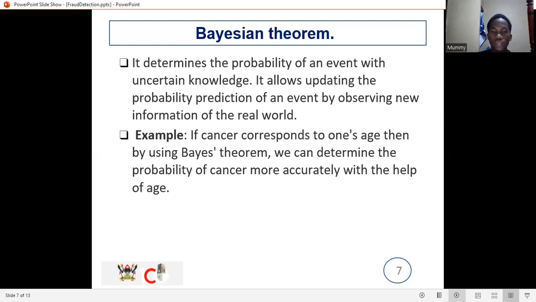So this is where this statement comes in, where it allows prediction of an event by observing new information. This means it will be able to take in new information and now make predictions according to this new trend that cancer is now prior to also the younger generation.